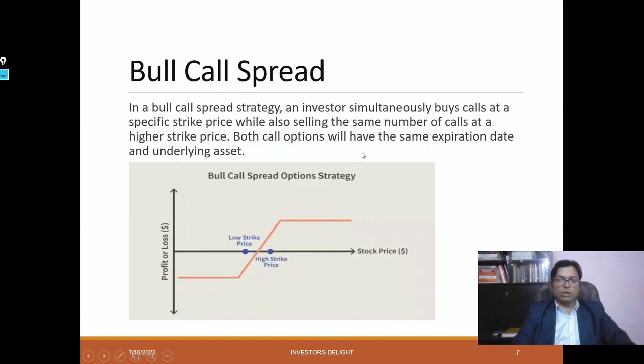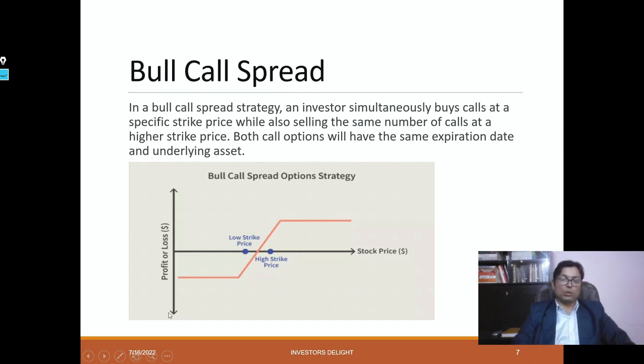So coming to the bull call spread. In a bull call spread strategy, an investor simultaneously buys calls at a specific strike price while also selling the same number of calls at a higher strike price. Both call options will have the same expiration date and underlying asset, but their strike prices will be different.